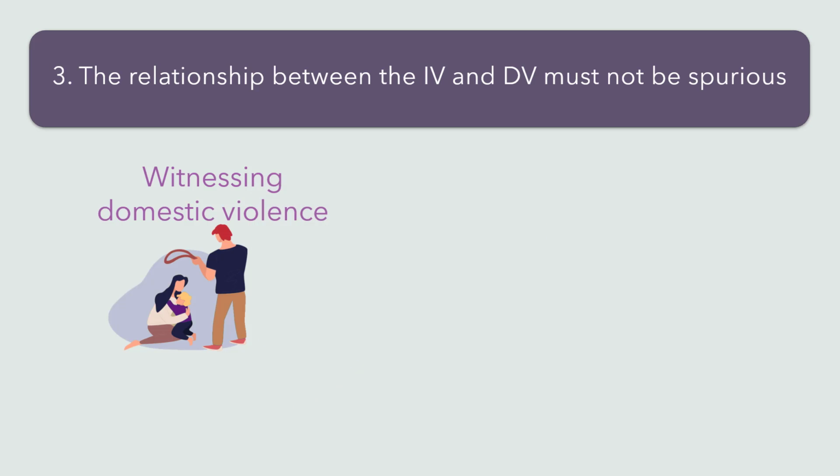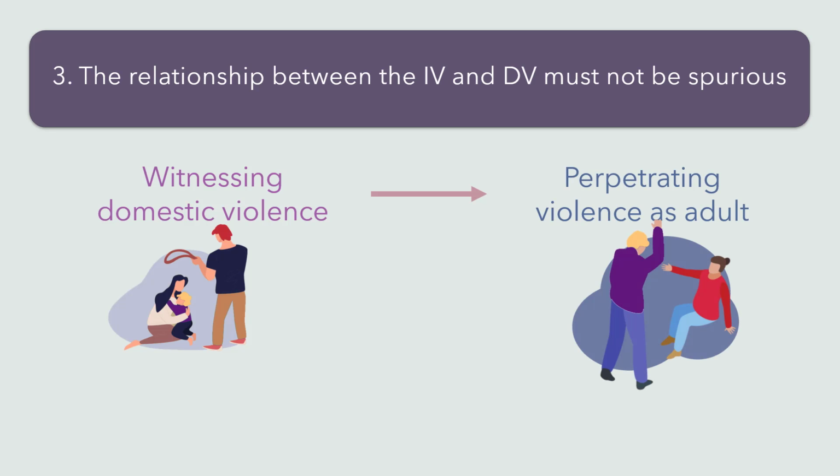Well, let's go back to our example of having the independent variable be domestic violence, right? We were trying to establish that witnessing domestic violence as a child, which comes first, leads to or causes that child to grow up and be more likely to perpetuate violence as an adult, or perpetrate, I keep getting those two confused, but both work.